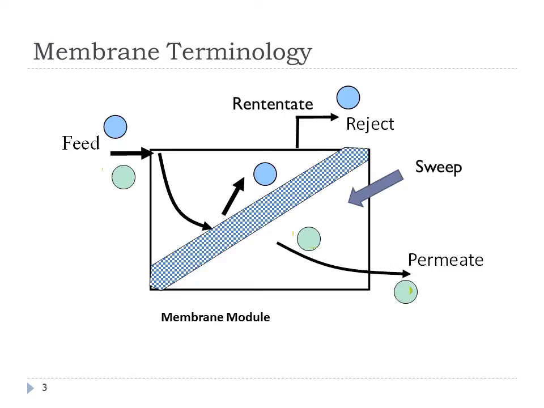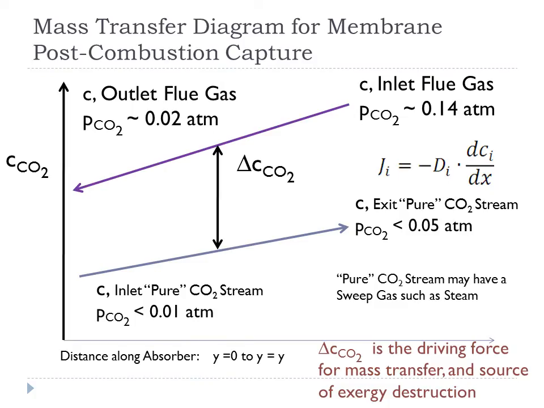On the other side, your sweep is your input, and your permeate is your output. Just like we had in counterflow heat exchangers, we can draw what this looks like, except not temperature, we're going to be drawing the concentration. In particular, we're interested here in the concentration of carbon dioxide.